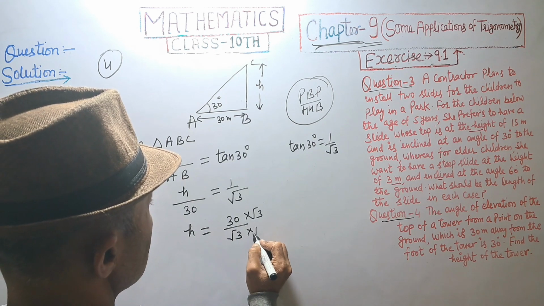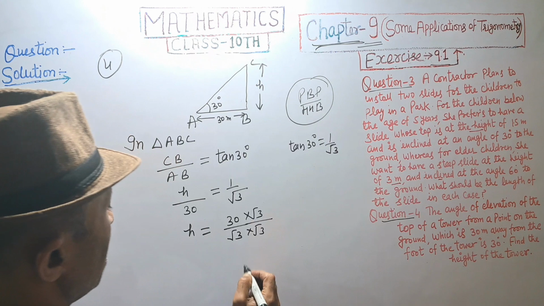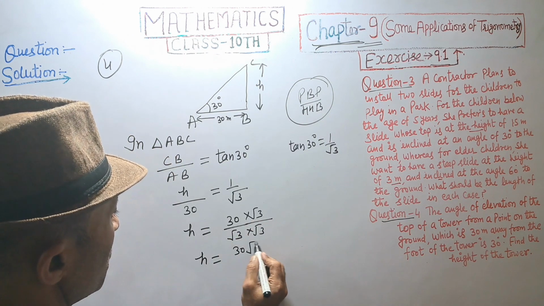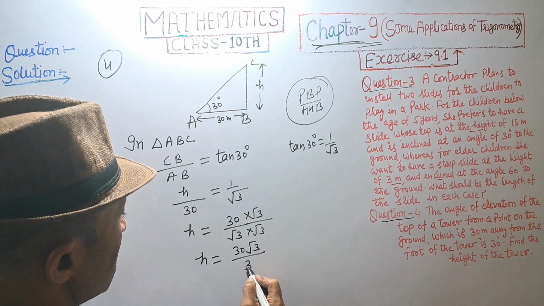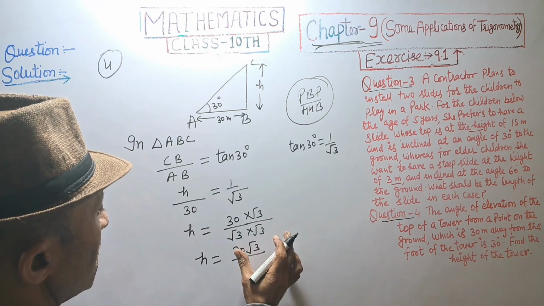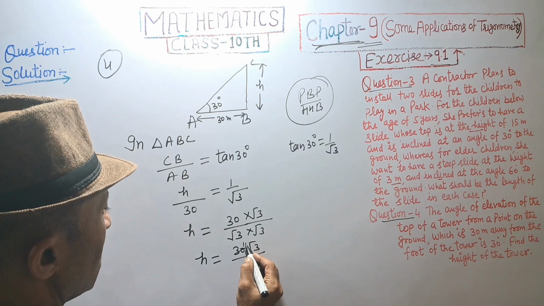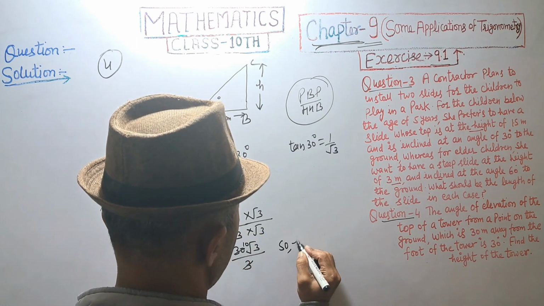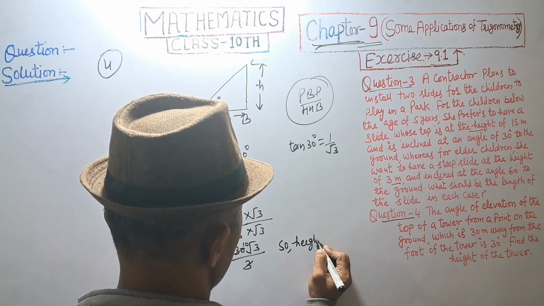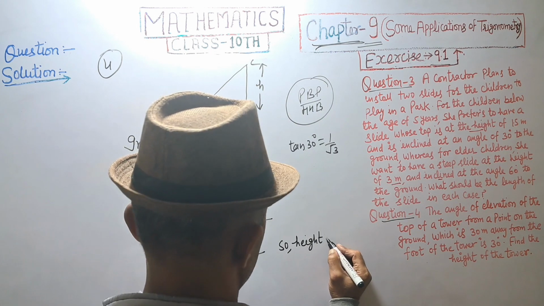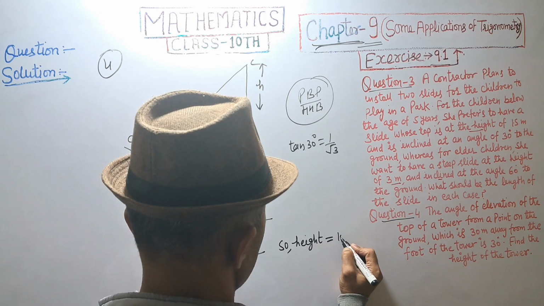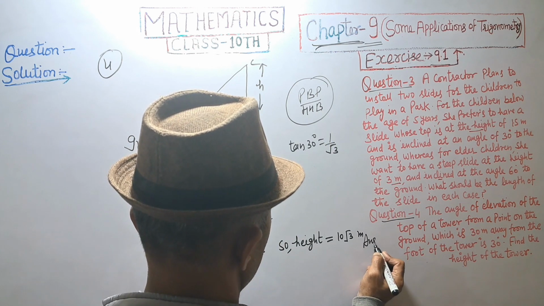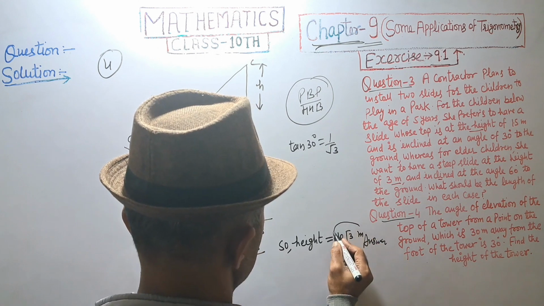Rationalizing, multiplying and dividing by root 3, H is equal to 30 root 3 divided by 3, and 10 3s are 30. So height is equal to 10 root 3 meter. Answer.